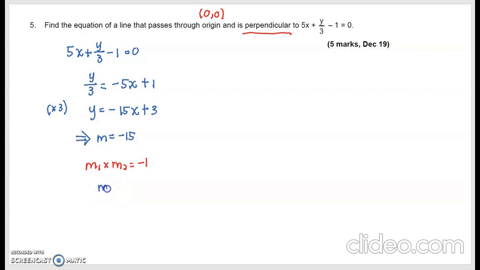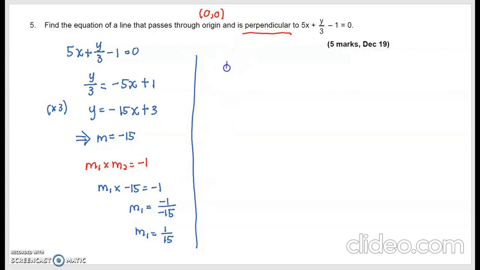So m1 times negative 15 equals negative 1. So m1 is negative 1 divided by negative 15. So our m1 will be 1 over 15. So this is the gradient that we're going to use because they are perpendicular.